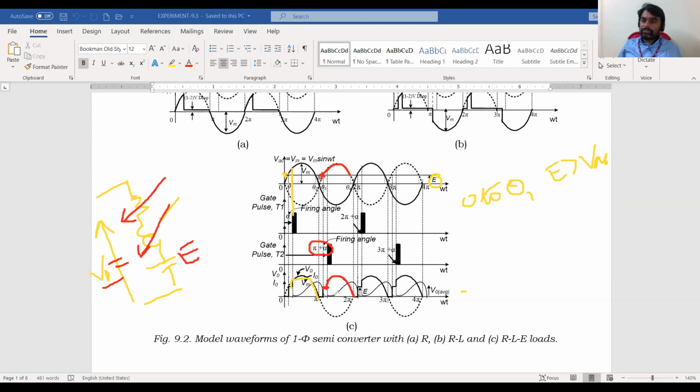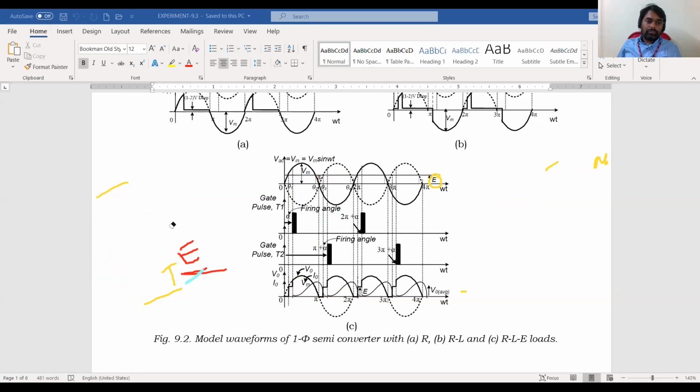Now the current has to lag the voltage by some angle, because there is an inductance in the load, charging, thereafter discharge. Here it is completely discharged. Again, during this short interval, there is no current, so there is no voltage associated with resistance or inductance. We are left with only the battery voltage, so during the short interval you see the battery voltage E.